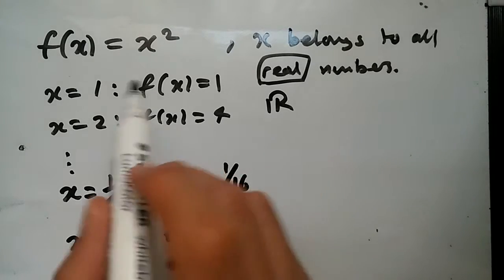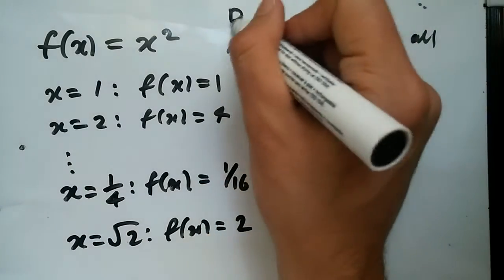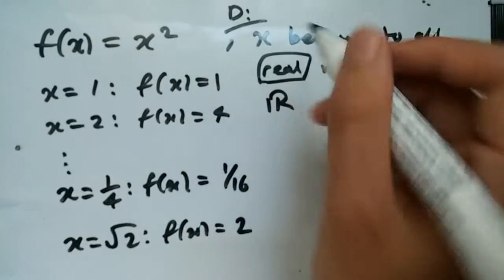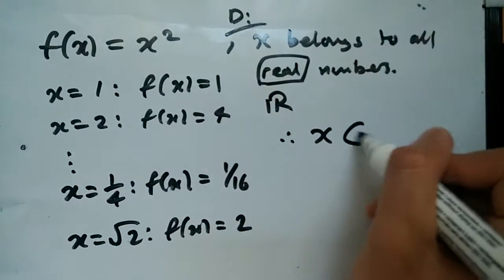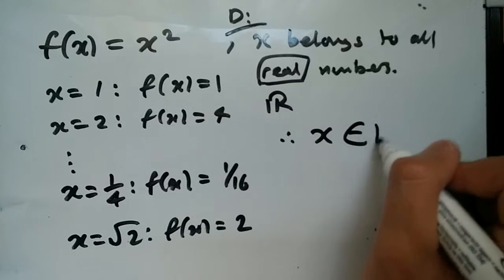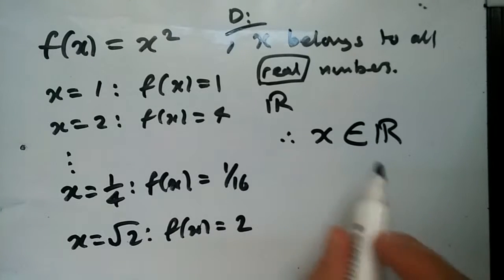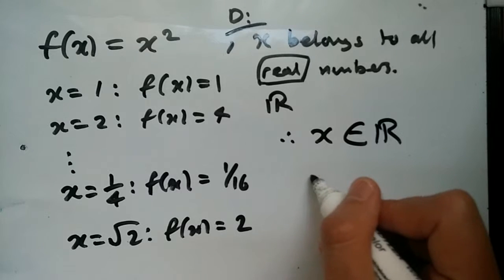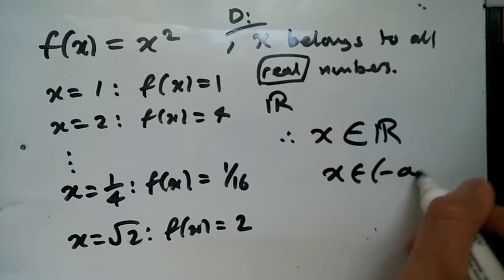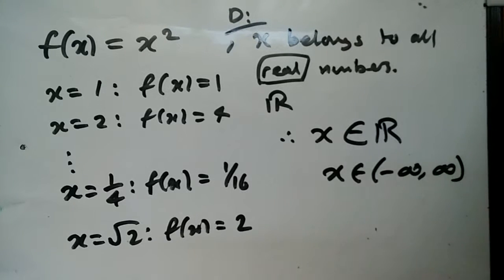So technically, this means that the domain D states that x can belong to all real numbers in R. This notation, which looks kind of like an epsilon, means belongs. This means x belongs to all real numbers, which implies that x can take values from -infinity to +infinity.